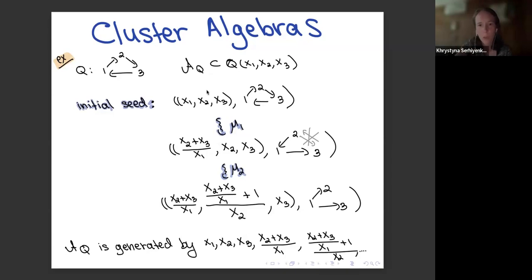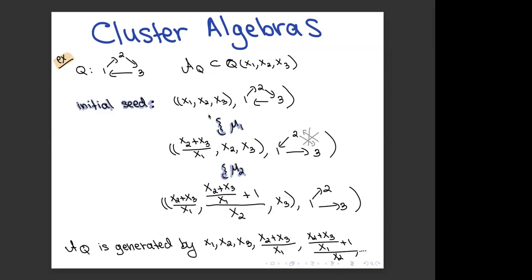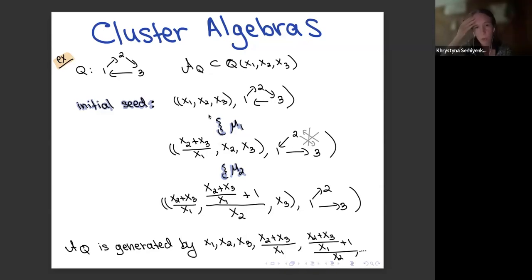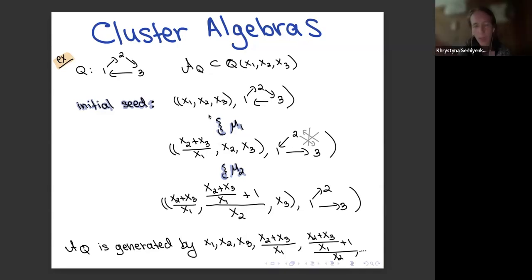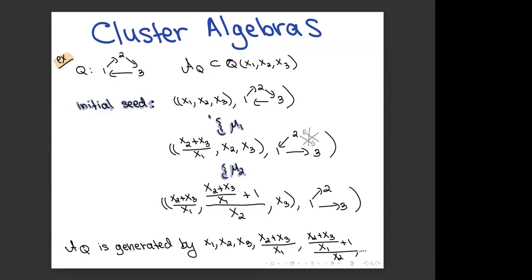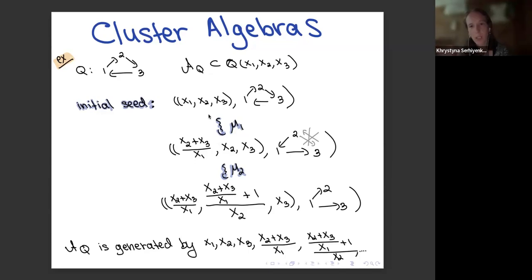So yes, you can change things, but you want to think about what you actually want to do with it. Again, the order 1, 2, 3 just means vertex 1 corresponds to variable 1.